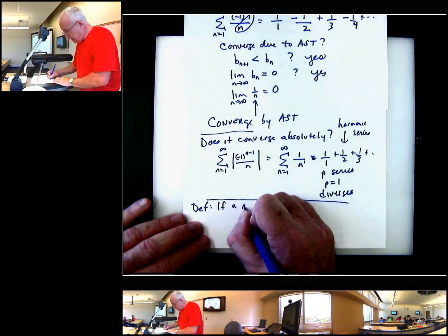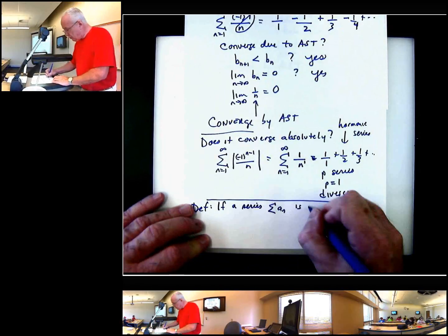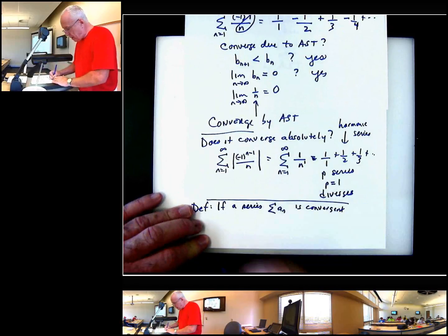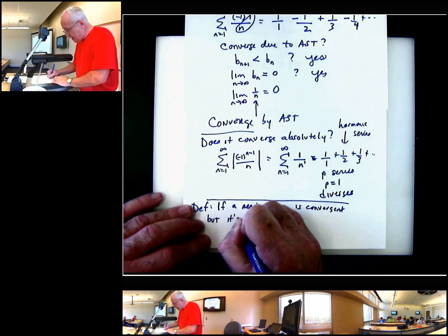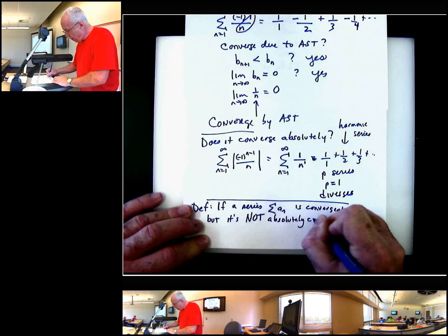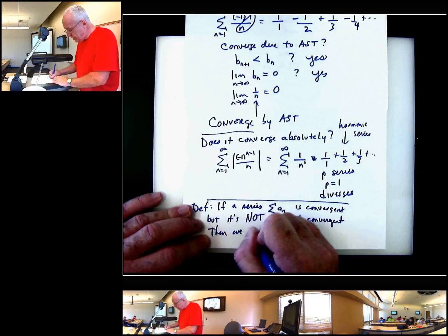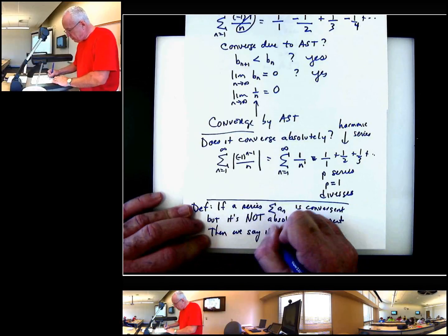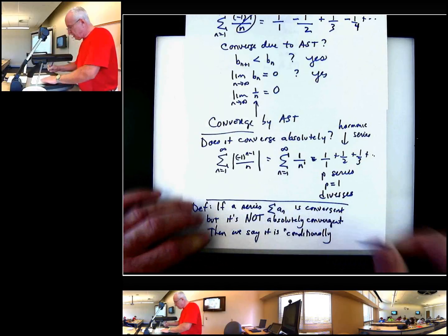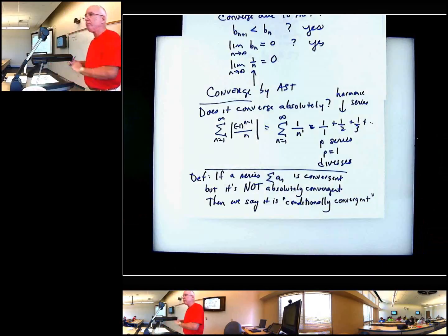If a series, we'll just do the a sub n, is convergent, so we find that it's convergent, just like we did with this last one, but it's not absolutely convergent, then we say it is, quote unquote, conditionally convergent.